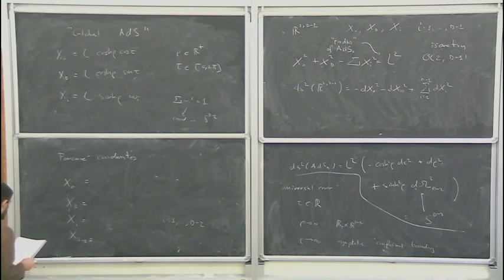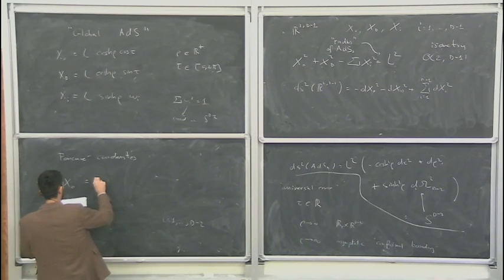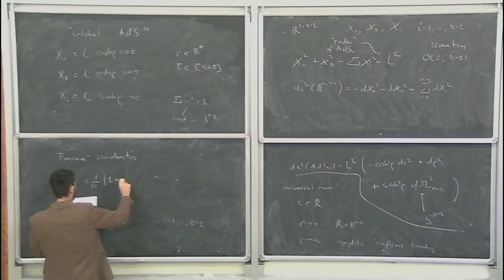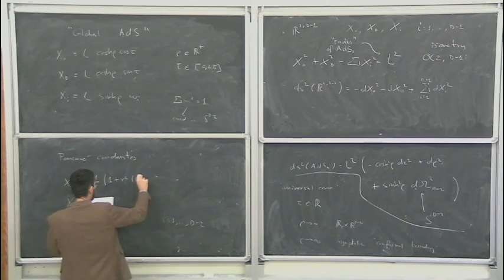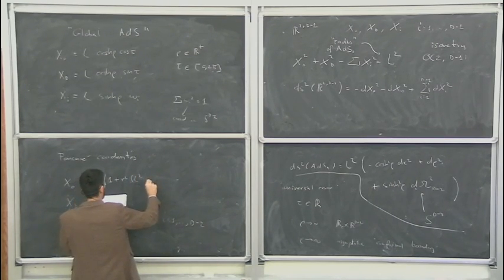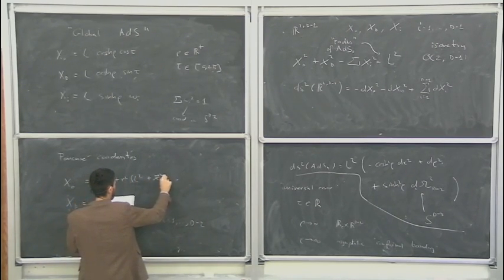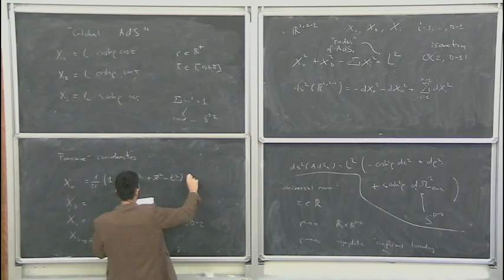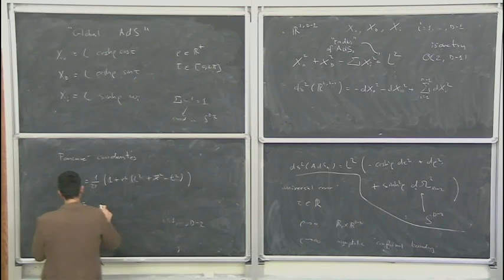Okay. So this is given by 1 over 2r, 1 plus r squared, L squared, oh, sorry, R squared, yes, L squared, plus x vector squared, minus t squared, 2 parentheses.